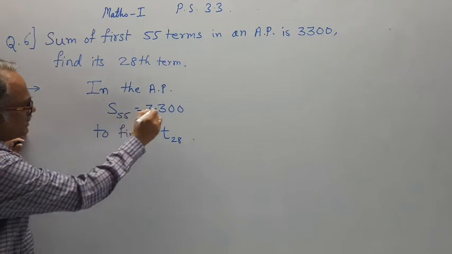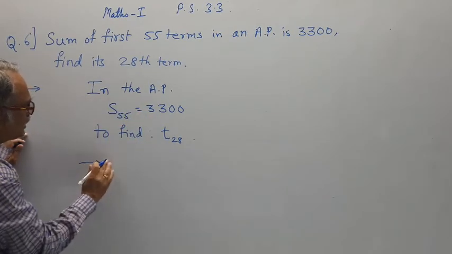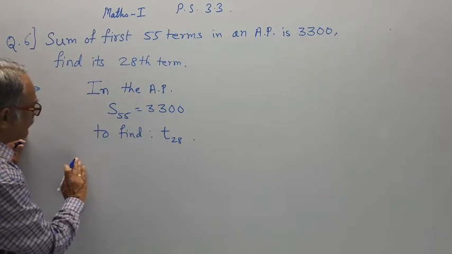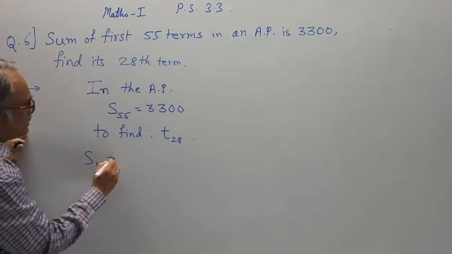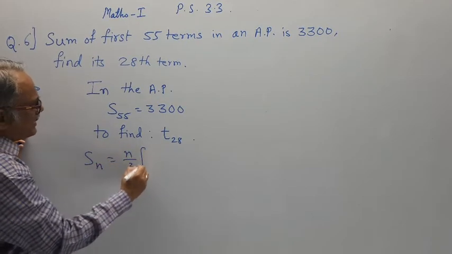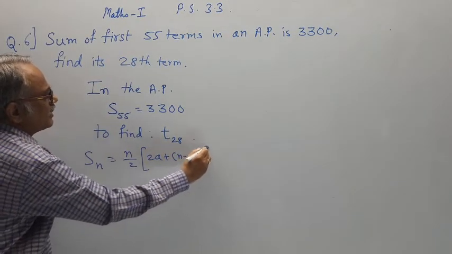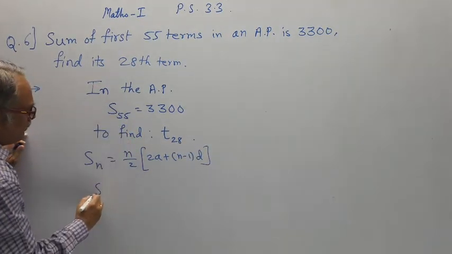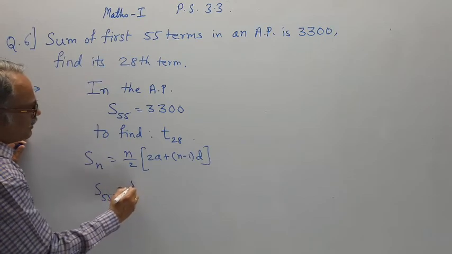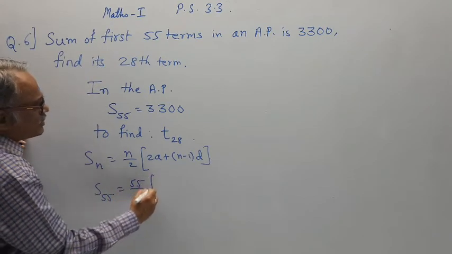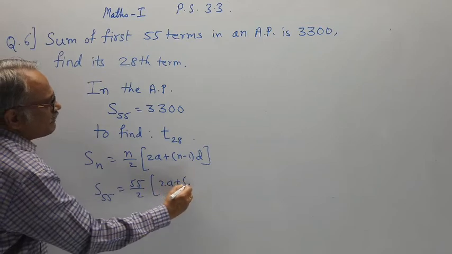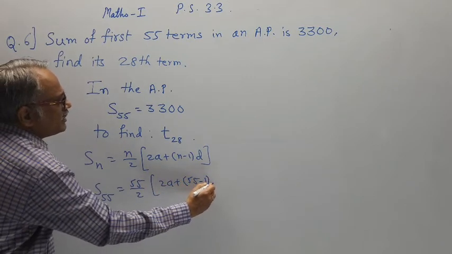So as Sn is given, S55 is given, first write the Sn formula. Sn is equal to n by 2 bracket 2a plus n minus 1 into d. Write n as 55. S55 is 55 upon 2 bracket 2a plus 55 minus 1 into d.